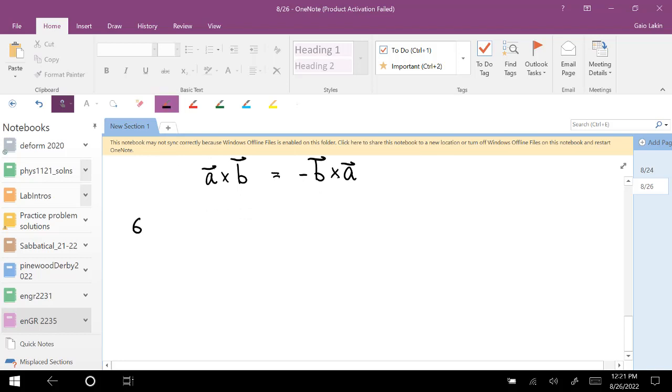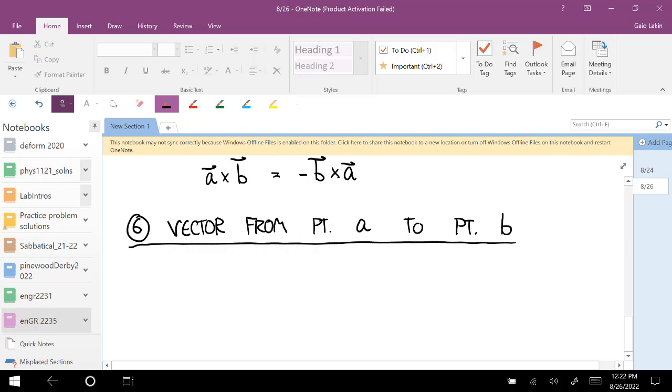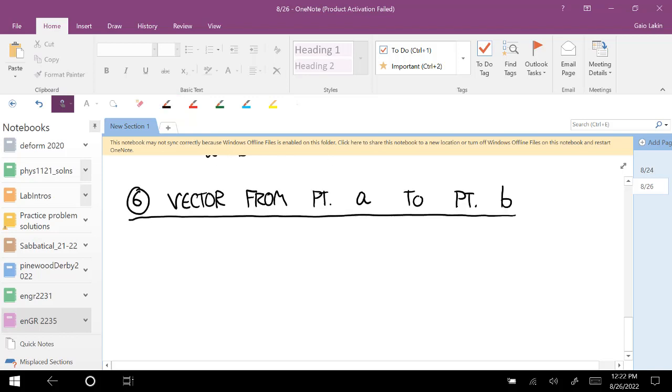Now the next thing we want to find is how to calculate a vector that goes from a point A to a point B. I'm going to usually say that as "B from A," so be sure you're thinking carefully about which one I'm talking about.